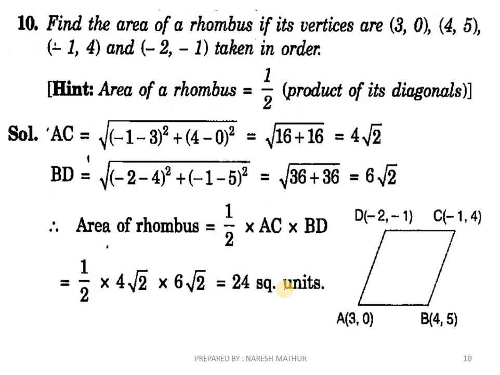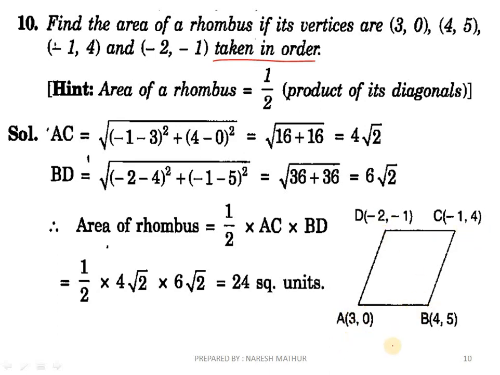At the last, we are given a rhombus and its vertices, and we need to find its area simply. So what we are going to do, just consider that we are given the points in order. It may be clockwise or anti-clockwise, but don't write A, B, C and D randomly here.